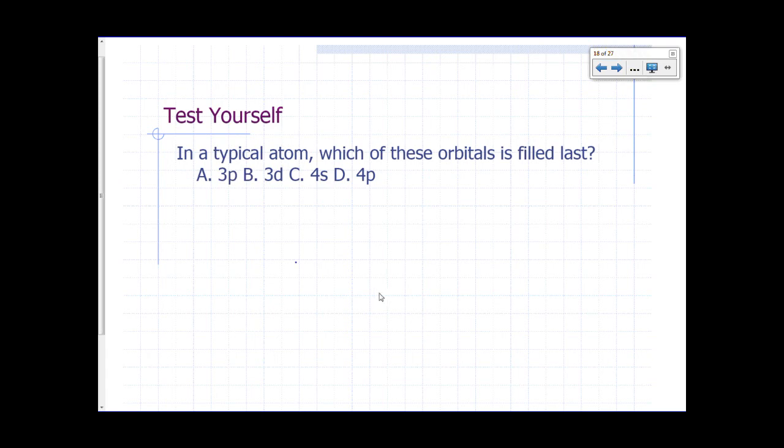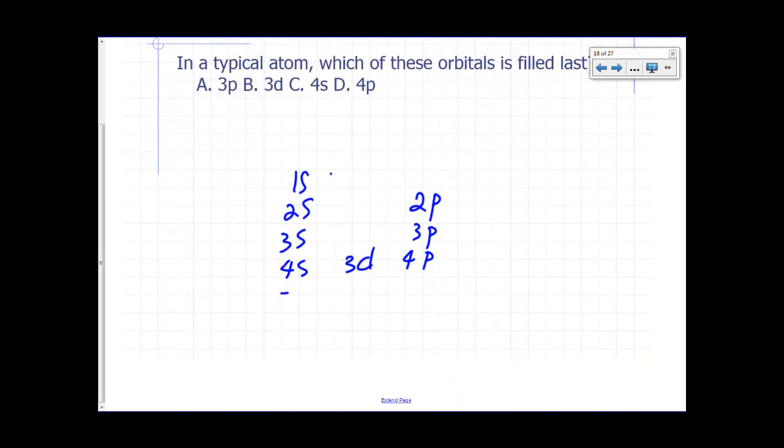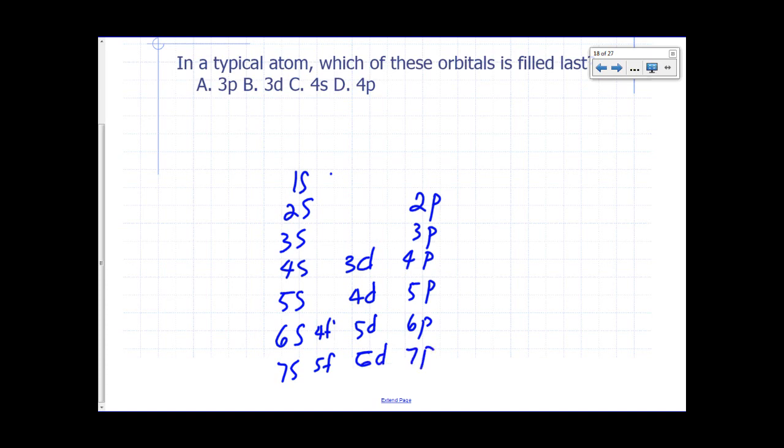So it's 1s, 2s, 2p, 3s, 3p, 4s, 3d, 4p, and then 5s, and then 4d, and then 5p, and then 6s, and then you do 4f, and then 5d, and then 6p, and then 7s, 5f, 6d, and then 7p.